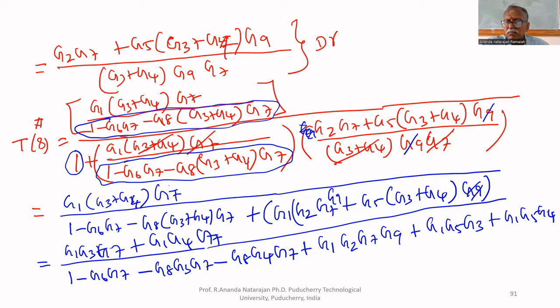G1 G5 G3, because G9 is getting cancelled. Here G9 must be in the denominator. Here it is not cancelled, therefore it should be in the denominator: G1 G2 G7 upon G9.